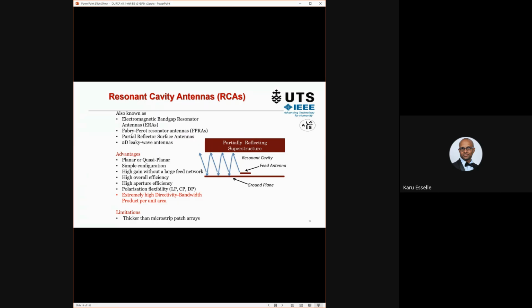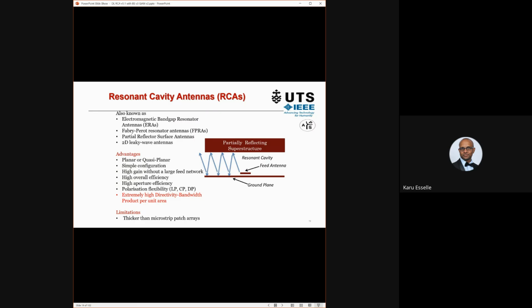Or even for medium gain, you need the feed distribution network, and the network has losses, RF losses, especially at higher frequencies, upper microwave frequencies and millimeter wave frequencies. The feed distribution network is quite lossy, so your antenna array would have poor radio frequency efficiency.